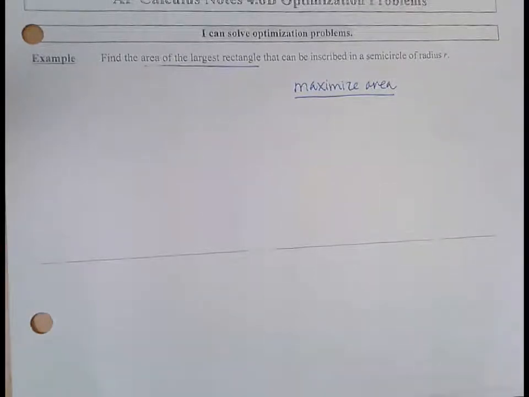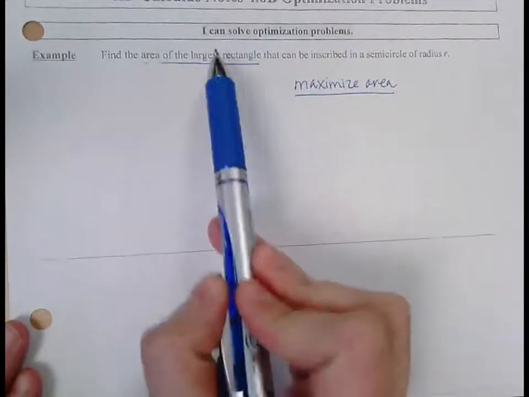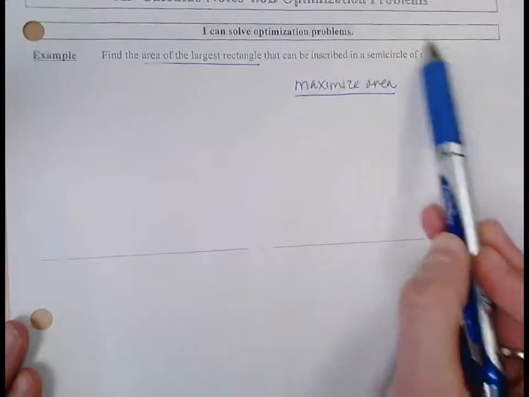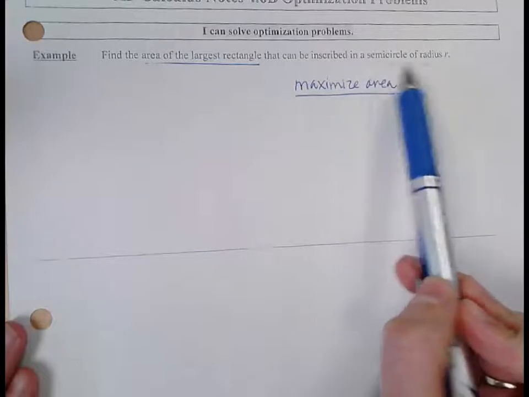So I'm going to set up a diagram so I know how to label my rectangle, so I know how to set up my area formula for my rectangle. So whenever they describe a shape being inscribed within something, and sometimes they specifically give you an equation. I included the example to go through with you. An example, they don't give you the equation.